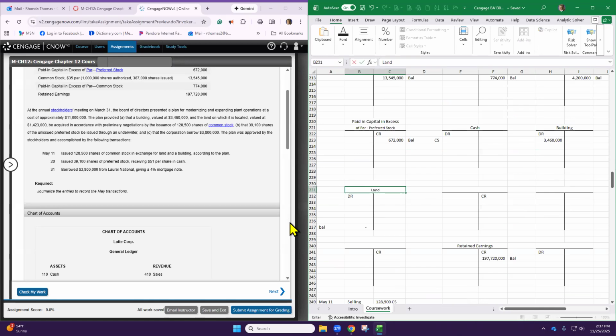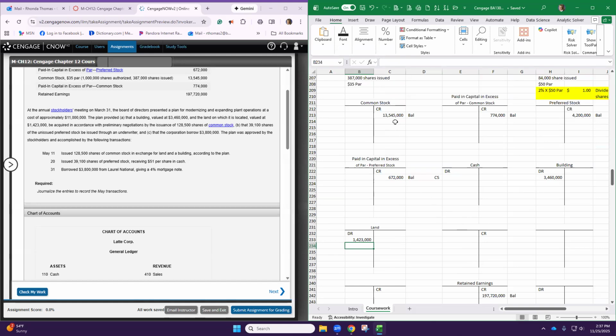So I'm going to go ahead and put this in the T account so that we can work that. And then the land is $1,423,000. When these come in as debits, then we're going to offset.